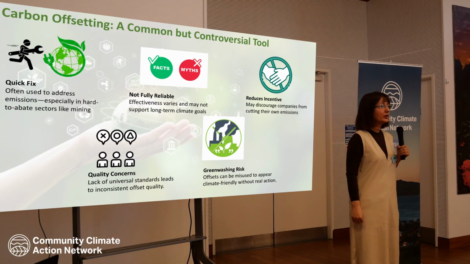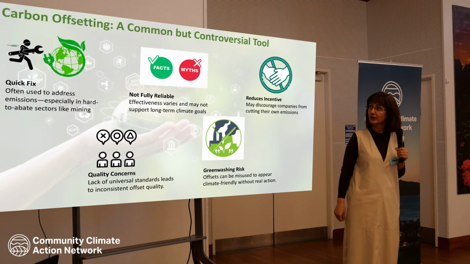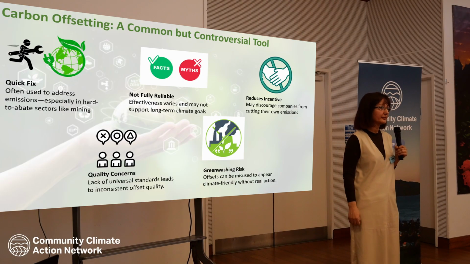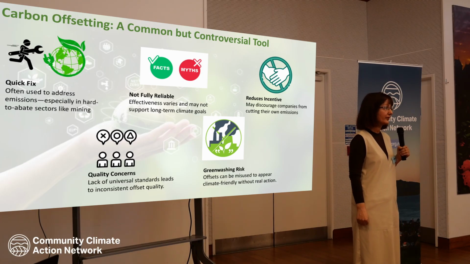Now let's explore how companies manage their emissions. One popular method is carbon offsetting. Carbon offsetting aims to balance emissions by investing in projects that reduce or remove an equivalent amount elsewhere. It's done through carbon credits.